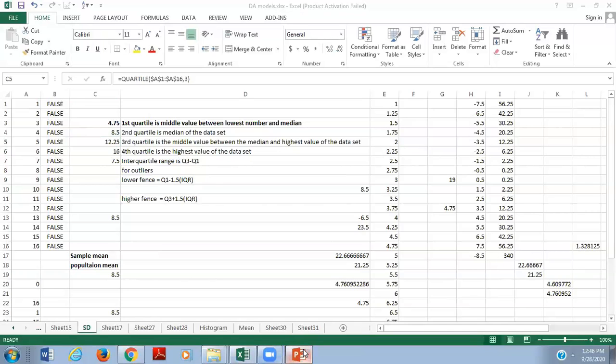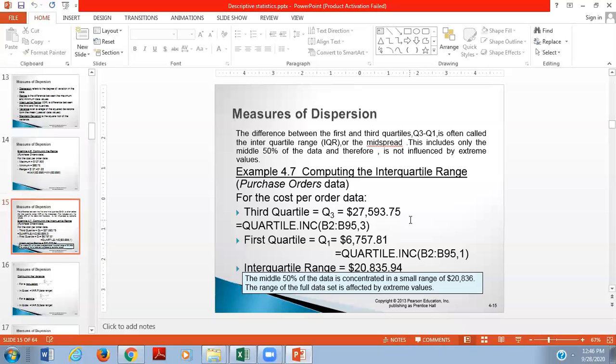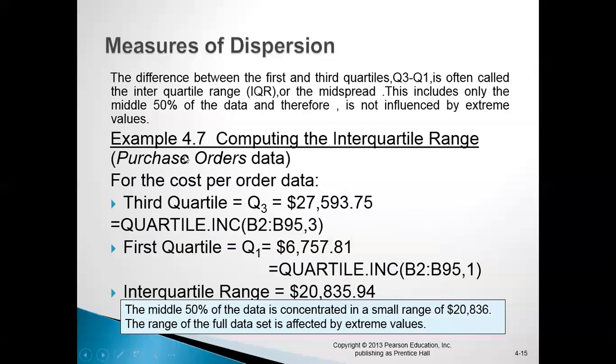So according to this slide that is on your screen right now, we're going to understand the importance of the interquartile range. It's the difference between the first and third quartile, that is Q3 minus Q1, often called the interquartile range or the midspread.